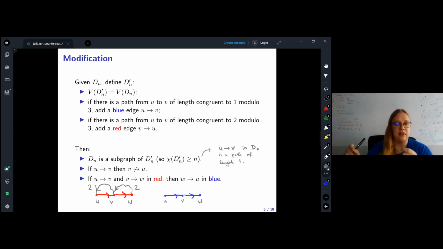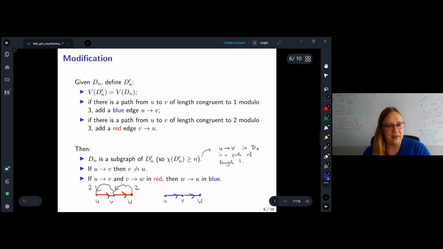So if I look at these paths and concatenate them, that concatenation is a walk from w to u, but in fact, it's a walk in an acyclic graph, so it's just a path, which means putting these two gray paths together, I get a path from w to u of length 2 plus 2, so it's a path of length 1 mod 3, right?